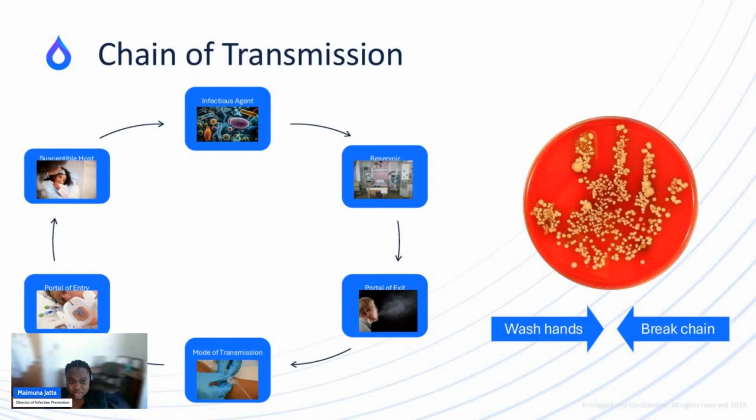The next step is a susceptible host, and most of the patients in the hospital would be considered susceptible hosts because there are a myriad of reasons why they're in the hospital. Oftentimes the body is undergoing a lot of stress that may deplete the immune system.